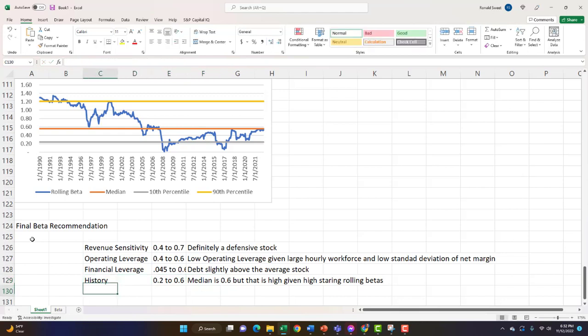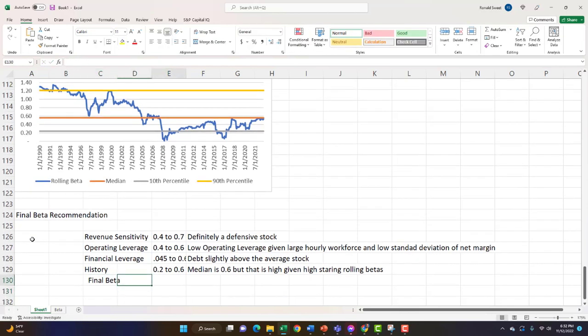So my final beta, I'm going to use 0.6, and in some of my classes, like in security analysis, I recommend that you have a 0.6 as your base case, but then you can run a high case and a low case.